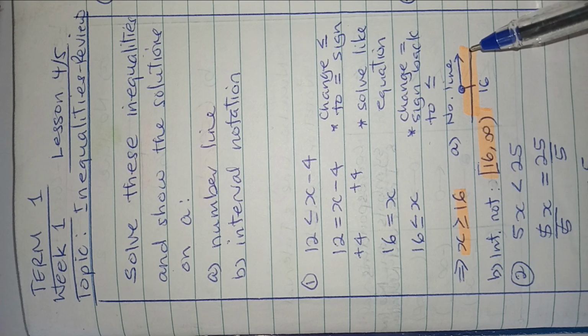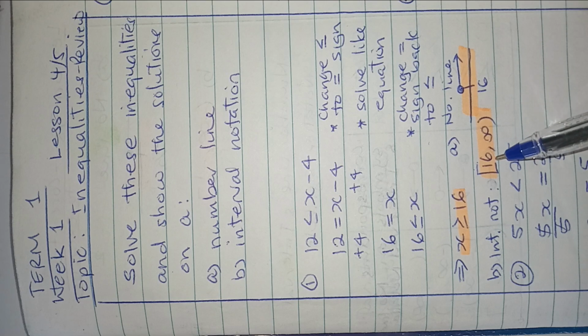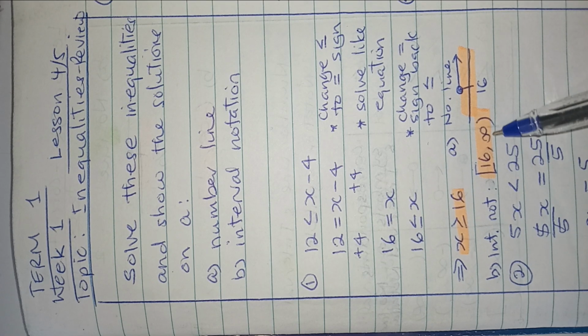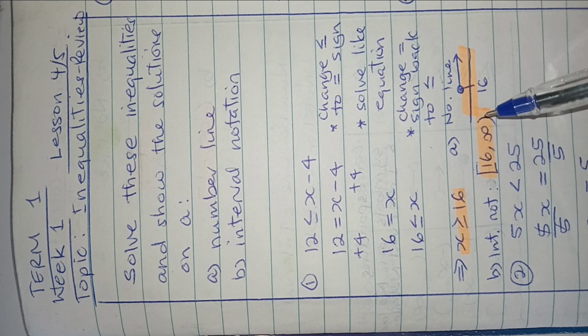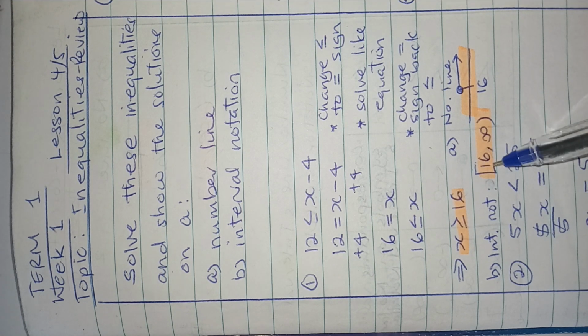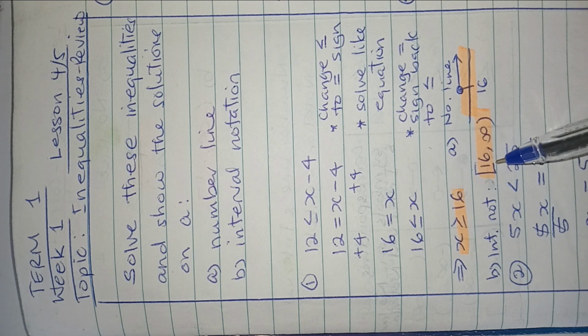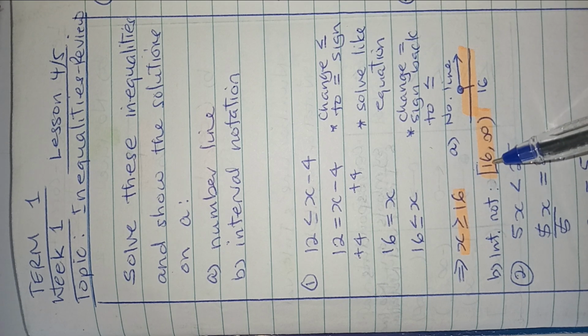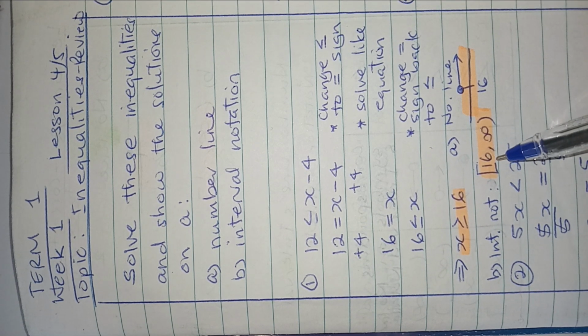Right. When we put this in interval notation, we put the lowest x value and the highest x value separated by a comma, and then we close them off with brackets. And again, there are two types of brackets. One is a square one and one is a rounded one. Now the square bracket is used with the numbers, and it's especially used when 16 or the number is part of the x values.